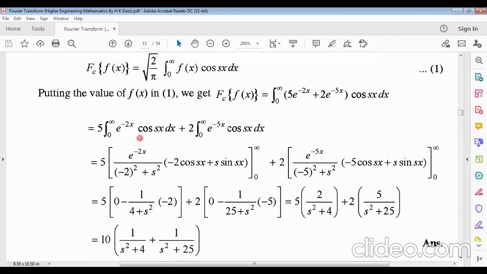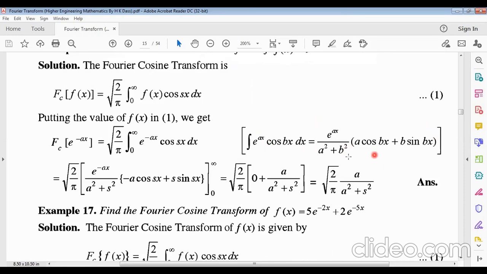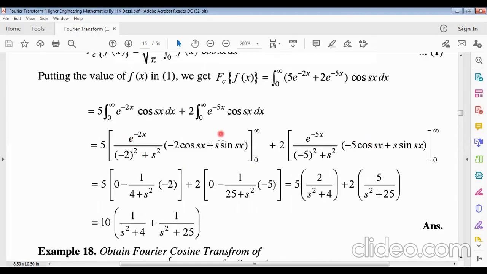Now using the same formula you have written, e to the power ax cos bx dx formula. Okay, second formula of integration: e to the power ax cos bx dx equals e to the power ax divided by a square plus b square, a cos bx plus b sin bx. Using this integration, we get this.